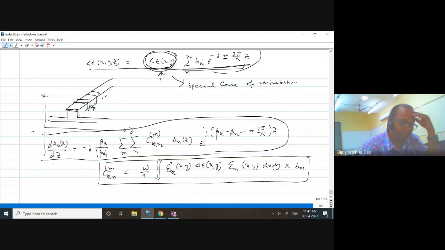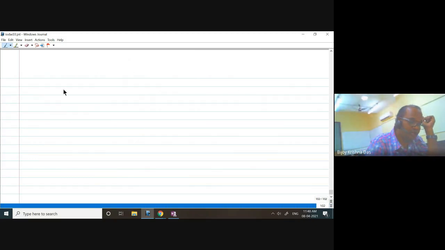Now we'll discuss a little bit more on this. You see, this is some kind of sinusoidal thing, right? I want to find out how much evolution will happen of the kth mode because of the propagation at delta z. Suppose you are considering evolution of the kth mode, delta ak, because of the nth mode overlap.